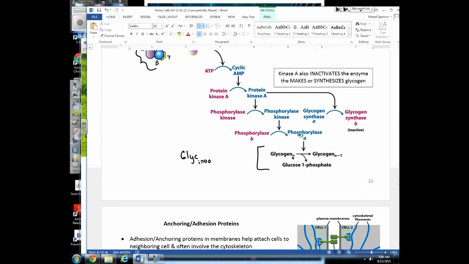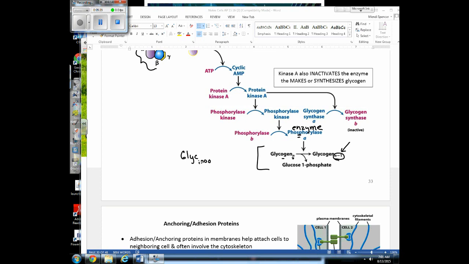This enzyme that is now activated is the enzyme that breaks up glycogen into glucose subunits. Once this enzyme is activated, it's going to remove those glucoses, and that's what this is trying to indicate. So this phosphorylase molecule is going to take one glucose subunit away from this glycogen, so it's N-1. And it doesn't just take one glucose subunit. It'll continue to break up, so you have many glucose subunits to release.